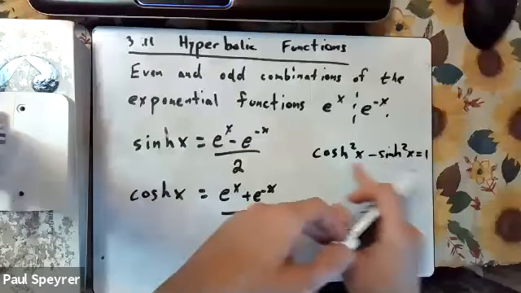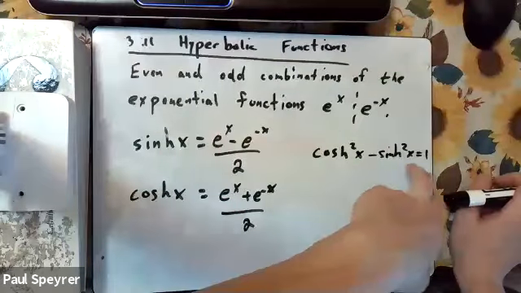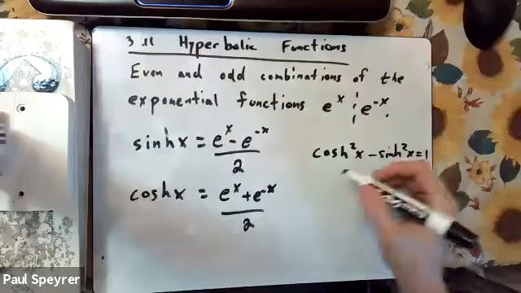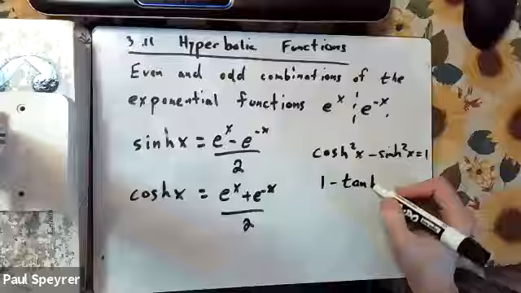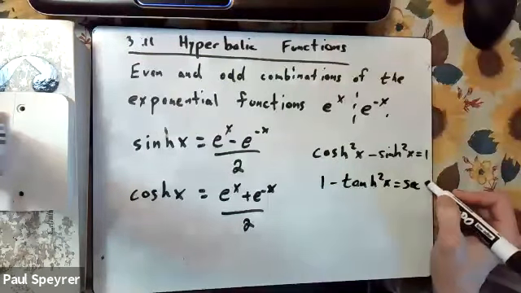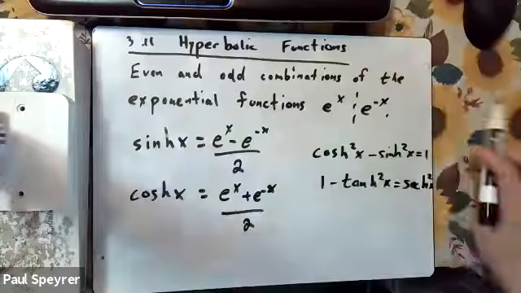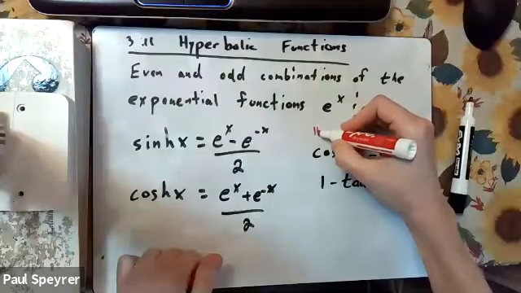So remember, sine squared plus cosine squared was 1, but with the hyperbolics, it's cosh squared minus sinh squared, you get 1. You can also have 1 minus hyperbolic tangent squared of x, and that's equal to the hyperbolic secant squared of x. These are just, again, identities right here. We'll call them hyperbolic identities.